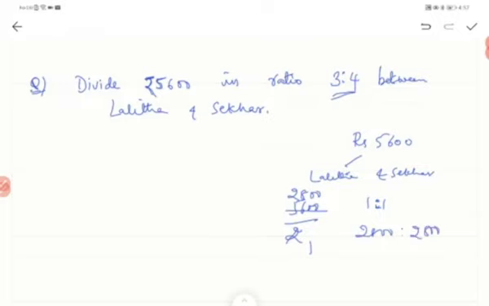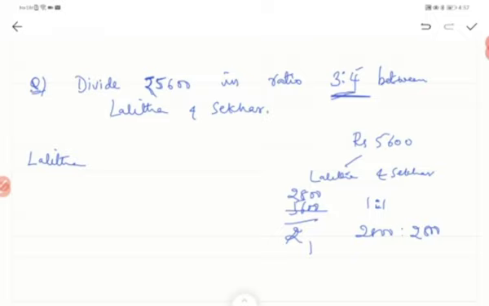So the ratio will be 2,800, 2,800, isn't it? Now here the ratio given is 3 is to 4. So Lalita's ratio is 3 and Shekhar's ratio is 4. That is, Shekhar has the larger ratio.